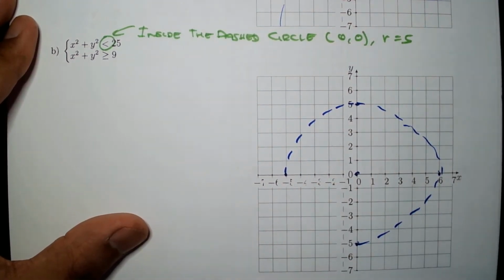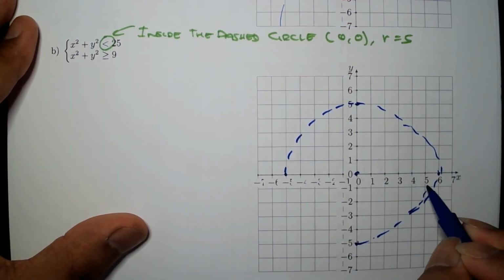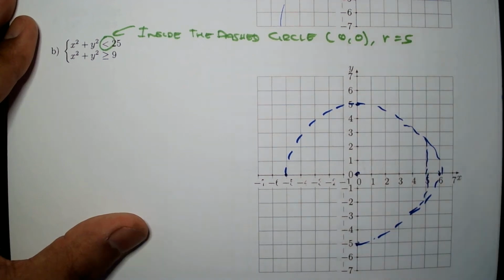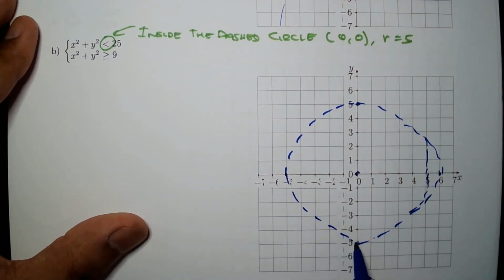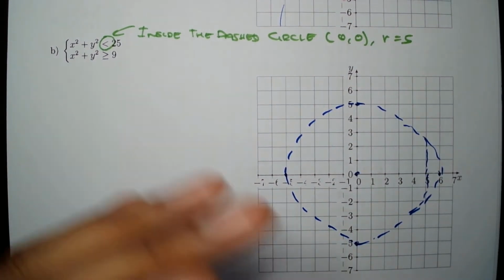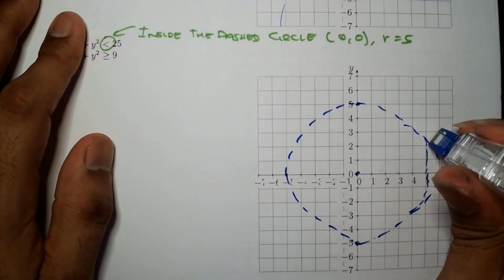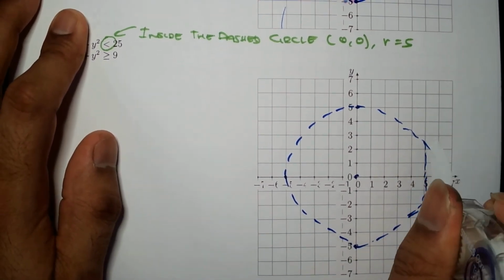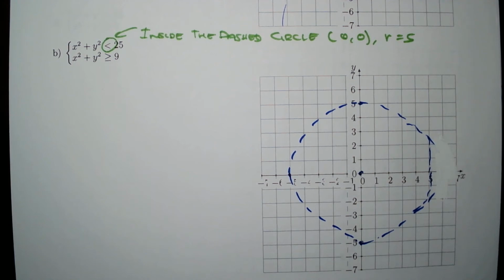Solid, dashed again. Whoops, actually, I messed it up here. It should have gone here. Let me see if I can erase this so it doesn't look messy. All right, fixed. And then we're going to have another circle.